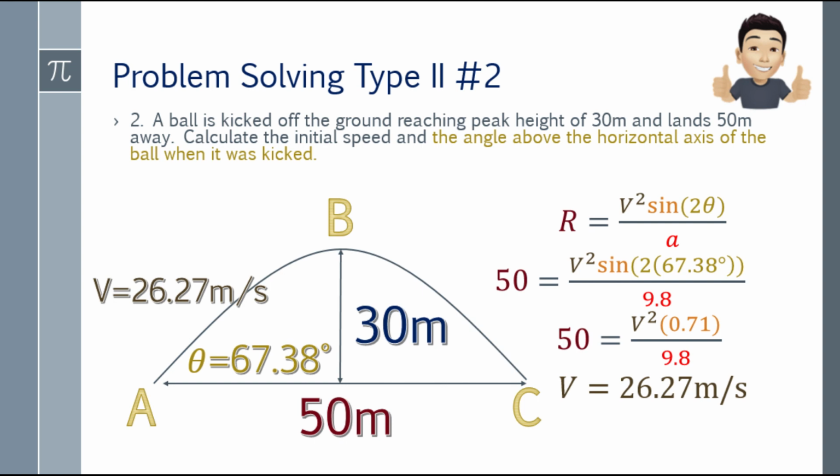Pero going to solve it, mas maganda sana kung diretso siya sa calcu. Yung rounding up, sa dulo na lang, sa final answer na lang tayo. Para mas close tayo dun sa accurate answer. So again, the final answer, the angle is 67.38 degrees and the initial velocity, that will be 26.27 meters per second to have a maximum height of 30 meters and a range of 50 meters.